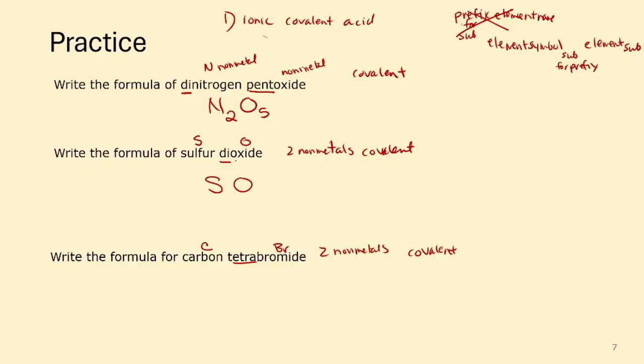So I ignore the "ide" ending, and I'm really trying to identify which element they are talking about. In this case, ox is oxygen, and 2, SO2. Carbon, there is no prefix, so I don't have a subscript here. I see bromine has been changed to "ide," but this is talking about bromine. Tetra is 4, so CBr4.